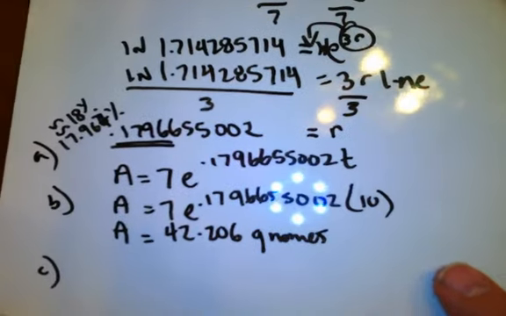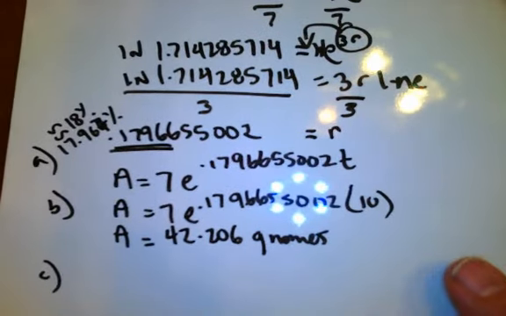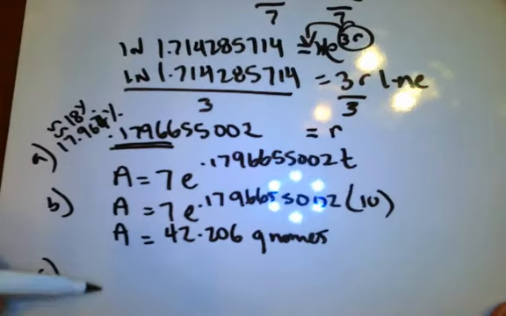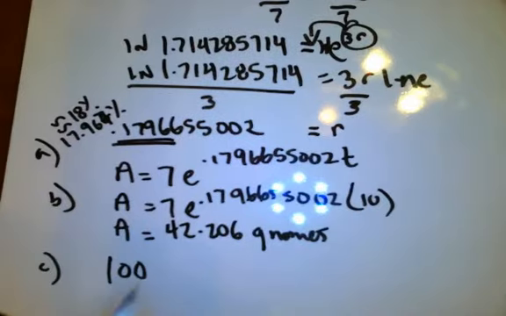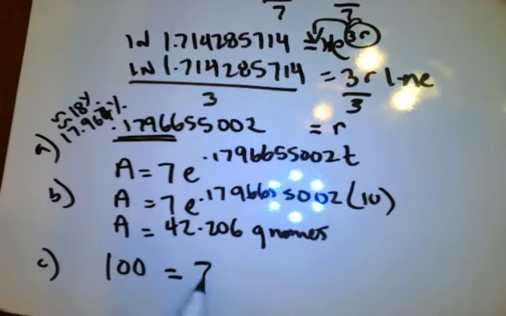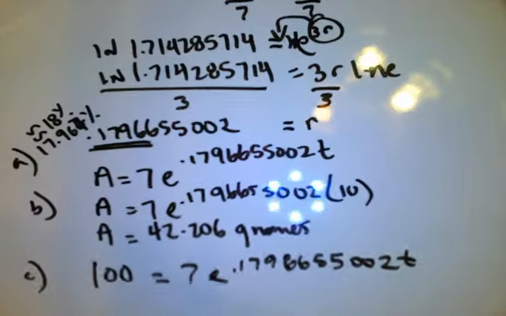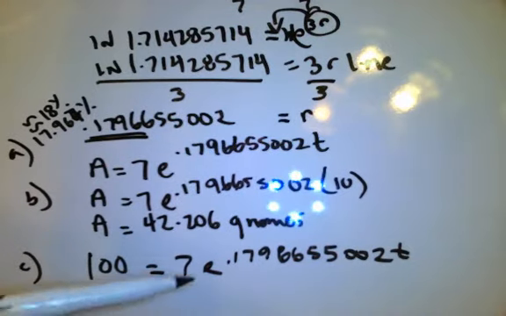Okay? And part C says, when will there be 100 gnomes in my garden? Well, 100 gnomes is not a time, it's an amount of gnomes, so I'm going to plug 100 in over here and set that equal to my model, 7e to the 0.17966550002t, and I want to solve this equation for t.